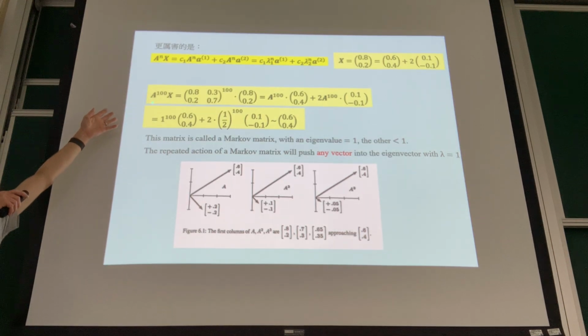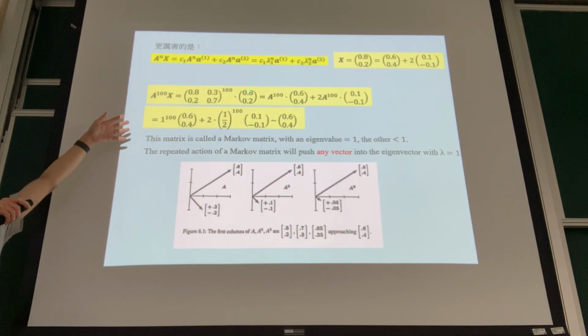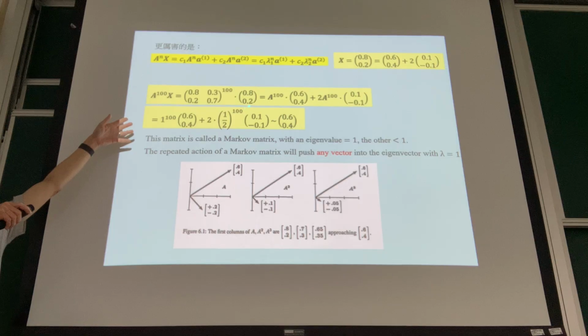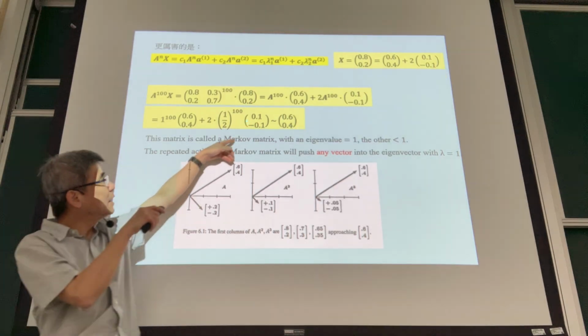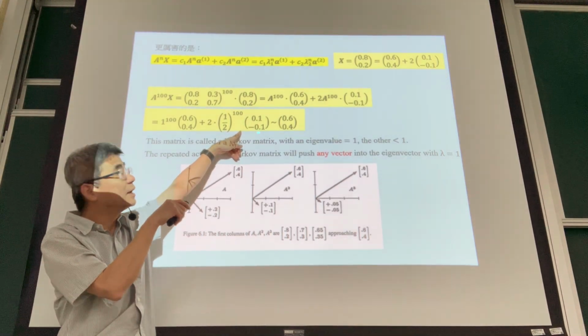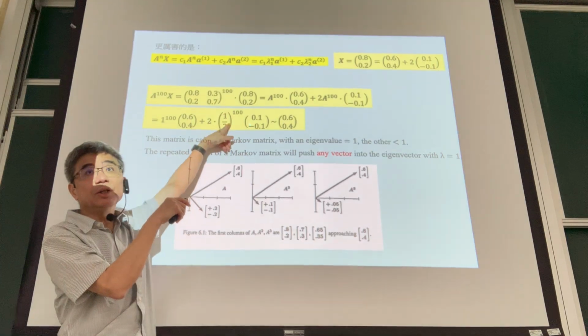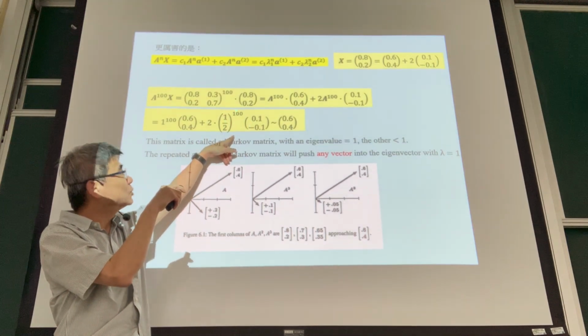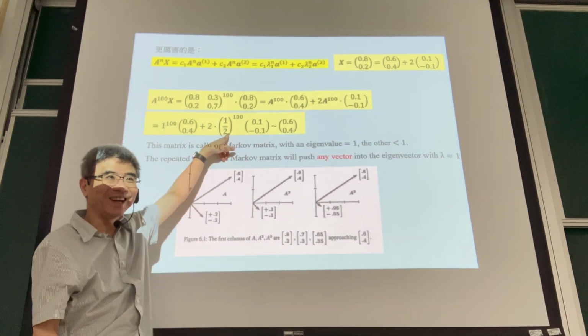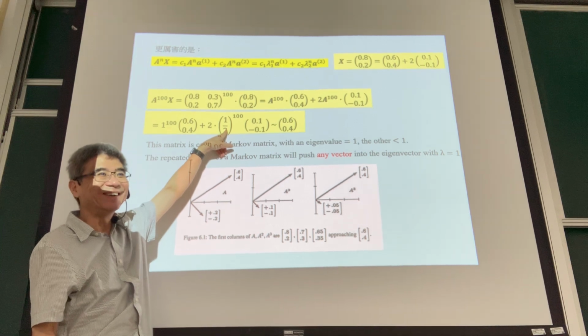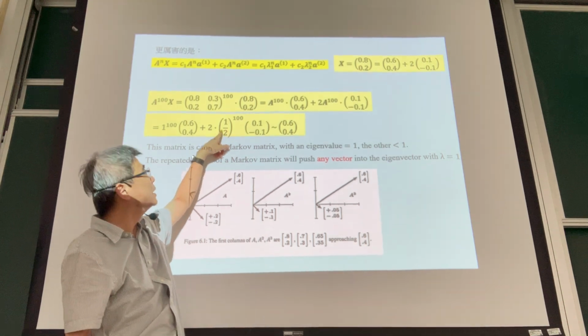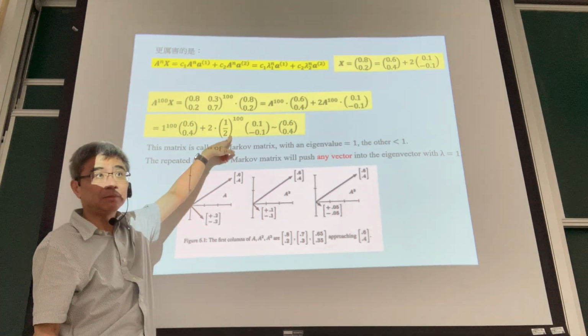When you multiply A to the 100 to 0.8, 0.2, the contribution from the second eigenvector will diminish by 1/2 to the 100. You don't know how to calculate that, right? But I know it's very, very small, so approximately it could be put to 0.